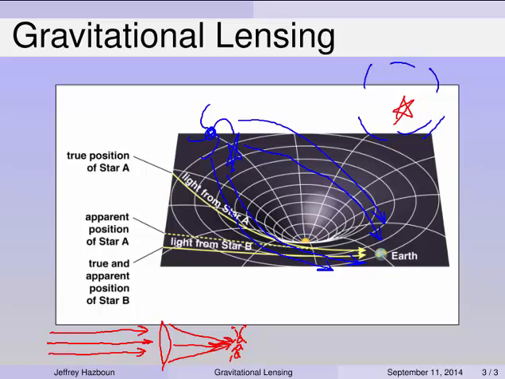So to recap, Einstein's theory of general relativity tells us that the matter in space-time tells space-time how to curve. So that's what the sun is doing here, right? The sun is telling space-time how to curve around it.